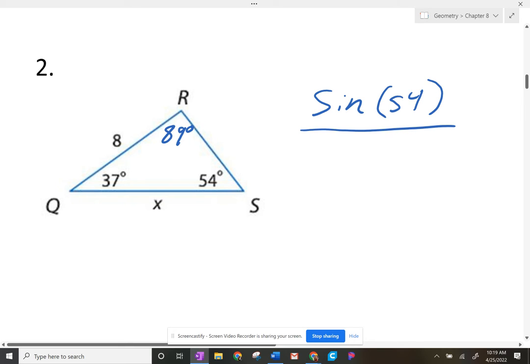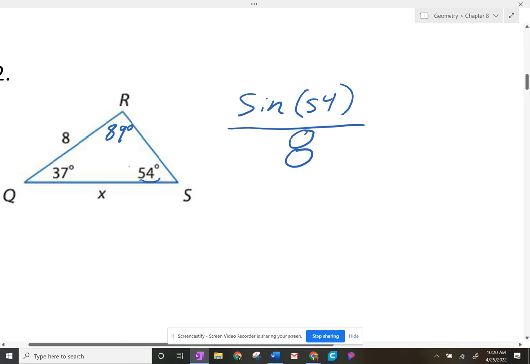What number should be underneath the sine of 54? 8. Fantastic. I've got this one here. 8 was opposite of it. So that's why I wrote that number. Perfect. So that ratio is going to be sine of 54 over 8.